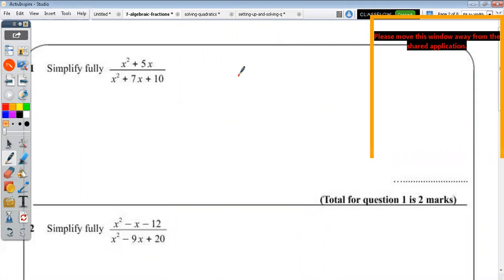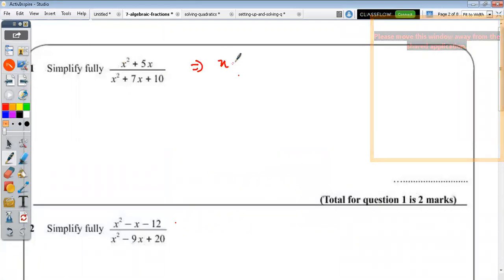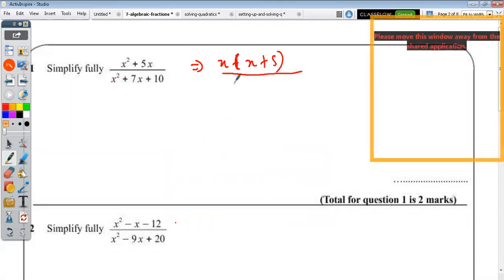Simplify fully. You see this type of question. So what can we divide by on top there? We can factorize by x. I have x brackets x plus 5 on top, divided by, I can actually factorize this.